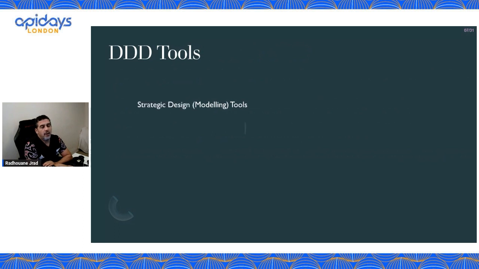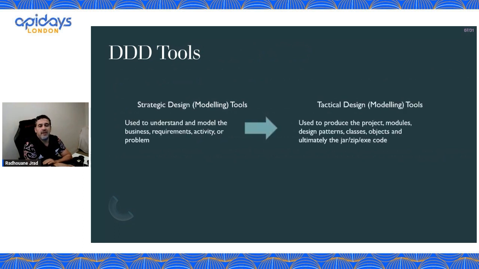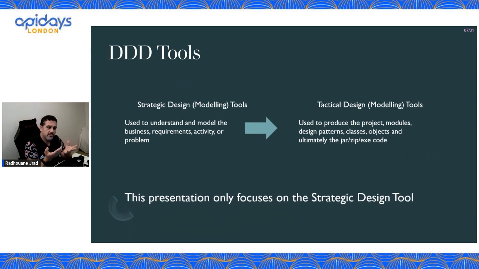All right. Now, if you go online and you start to read about DDD, you will find two things: the strategic design modeling tools and the technical design. Think about the first one as how you organize, how you develop solutions, how you provide architectural designs. The second one is effectively how to implement these things.